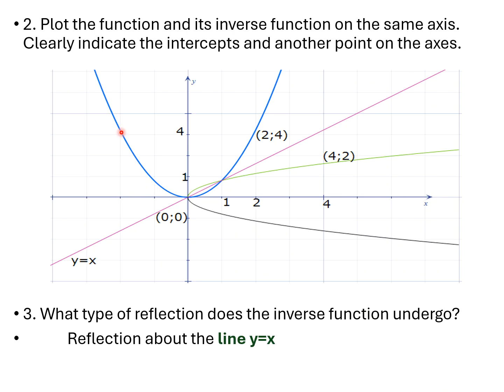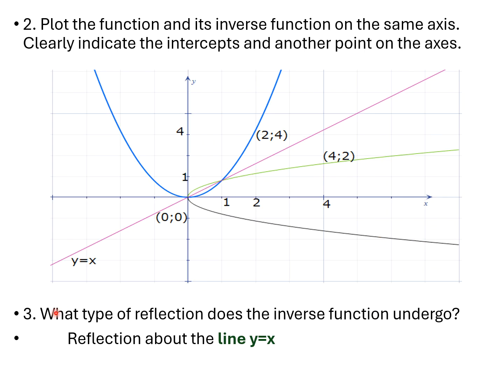If I plot the inverse, (0,0) stays (0,0), (2,4) becomes (4,2), and (1,1) stays (1,1). Then we had (-1,1), which becomes (1,-1), and (-2,4), which becomes (4,-2).